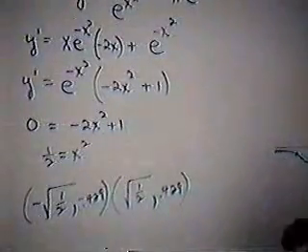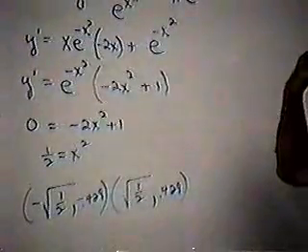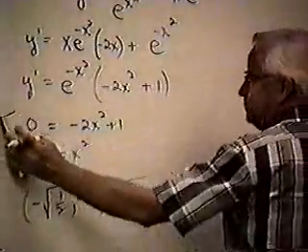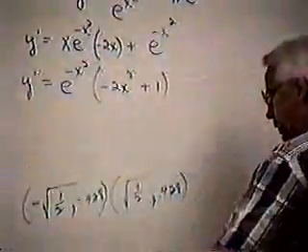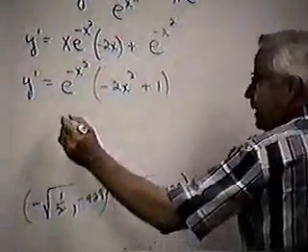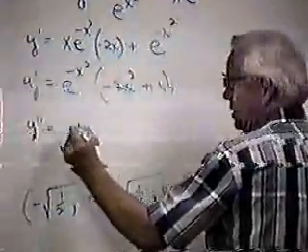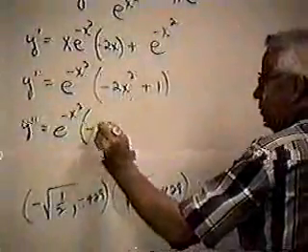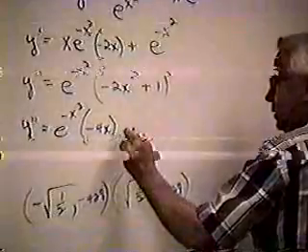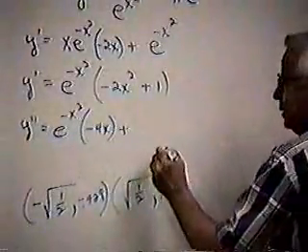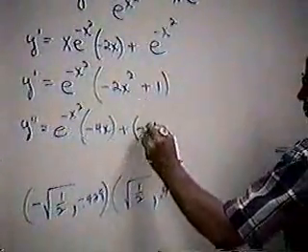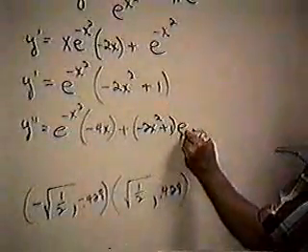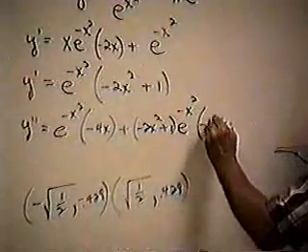Okay, now let's take the second derivative. So the second derivative, okay, I'm going to do that right here. The second derivative would be, write the first one down, take the derivative of the second one, which is a minus 4x, plus, write the first one down, minus 2x squared plus 1 times the derivative of the second one, which is itself, times minus 2x.